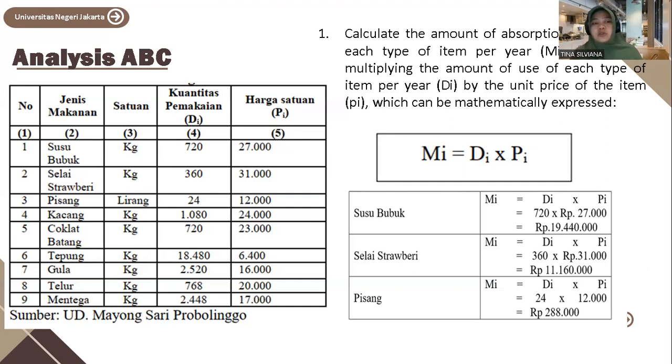So on to strawberry jam, banana, nuts, chocolate bar, flour, sugar, egg, and butter.